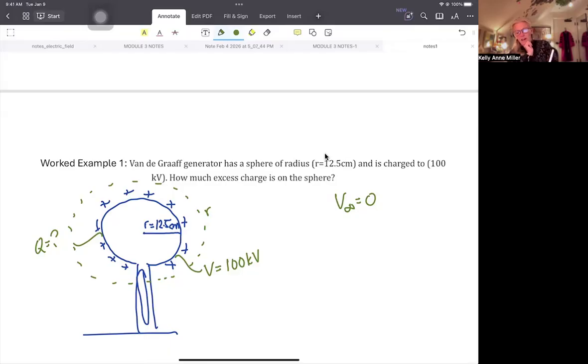You can think of it as if you draw your Gaussian surface very, very far away, the sphere just looks like a point charge, a point charge of charge Q.